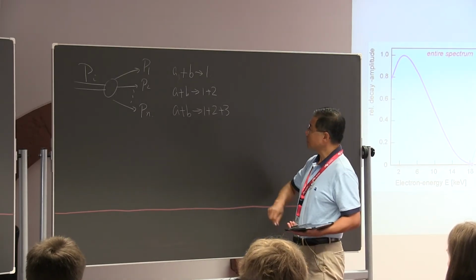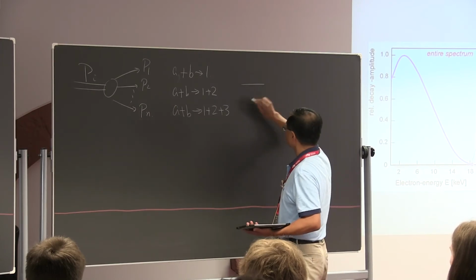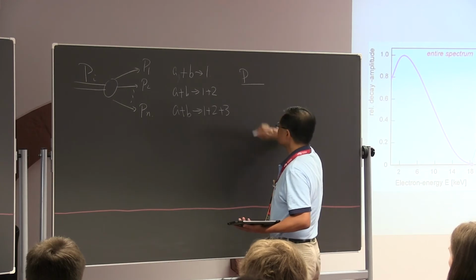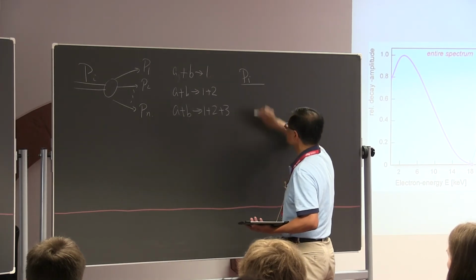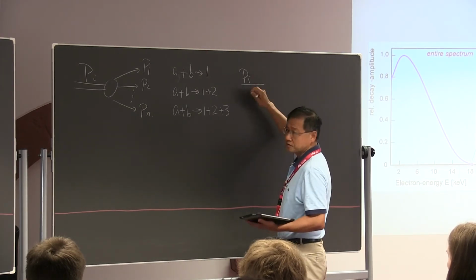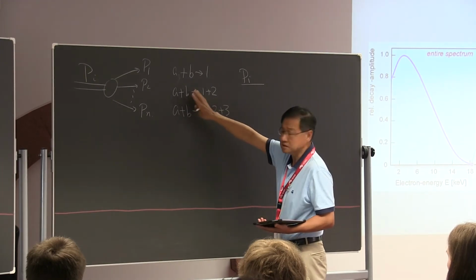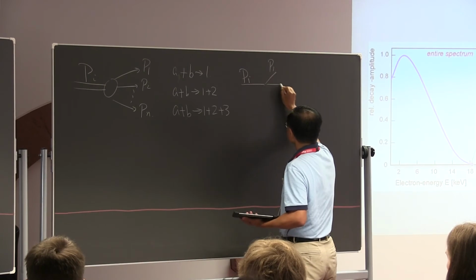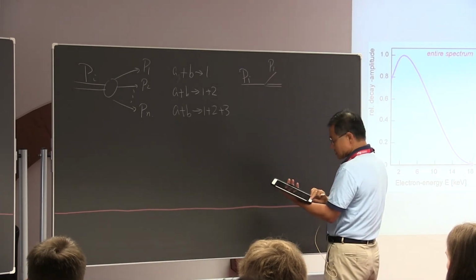It's possible to have a stage cascade type of process. Suppose we have an initial state particle coming in, and that could be a two-particle fusion in any sense. Then you have a particle 1 going out, then you have the rest.